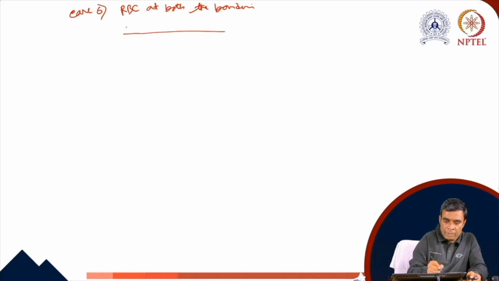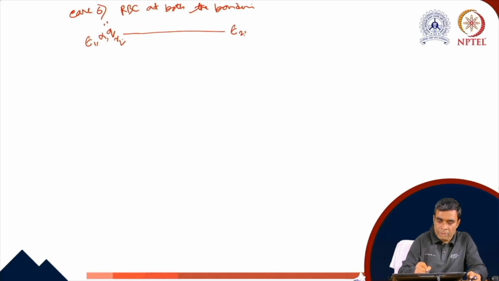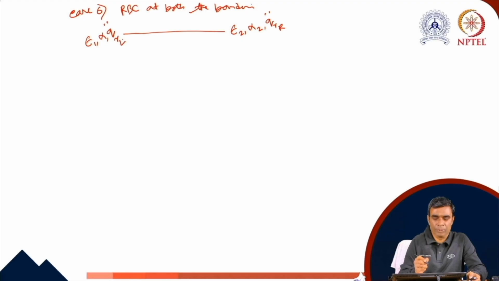So we have the left boundary properties ε1, α1, q_RL double dot, ε2, α2, q_R right double dot. Sigma is the Stefan Boltzmann constant.